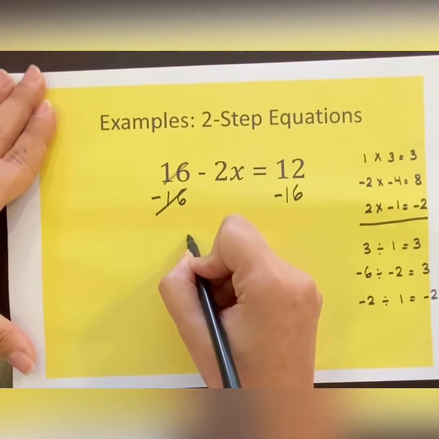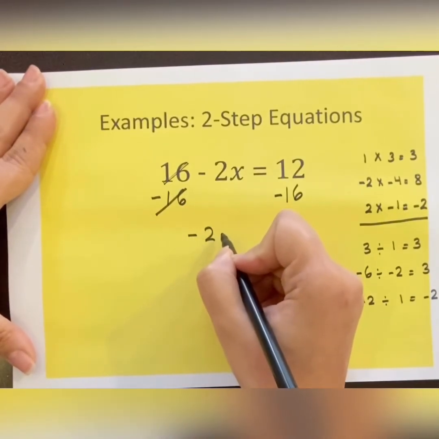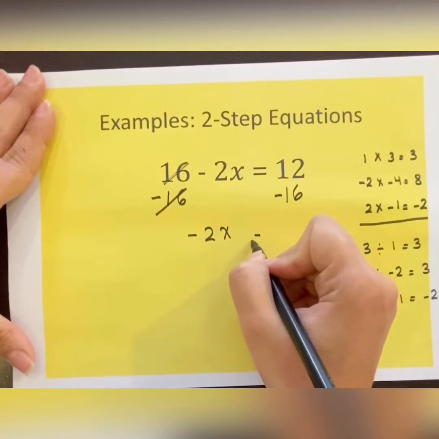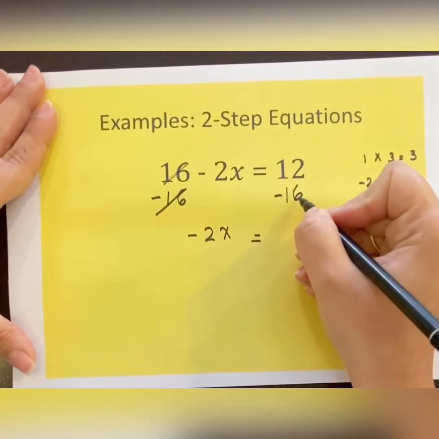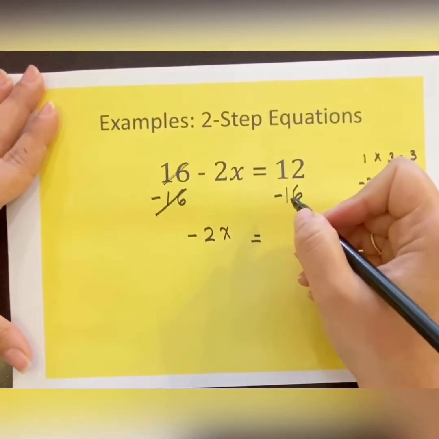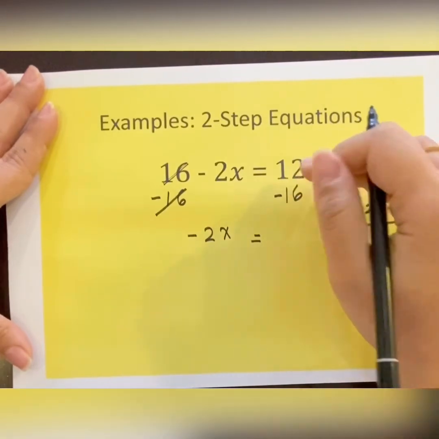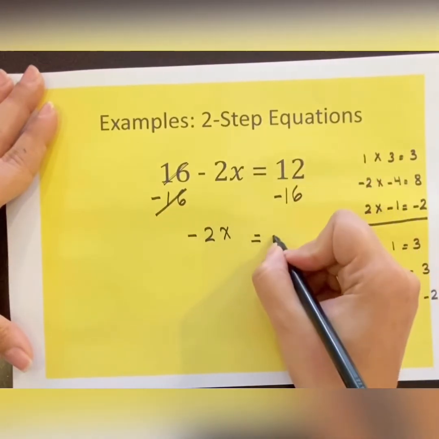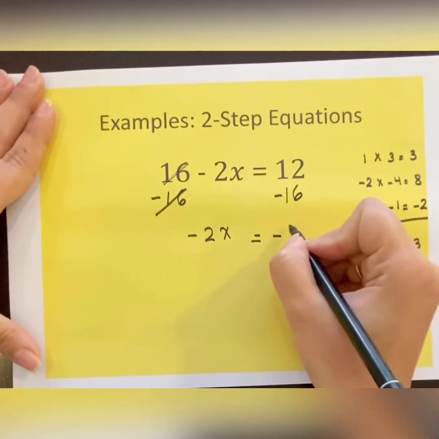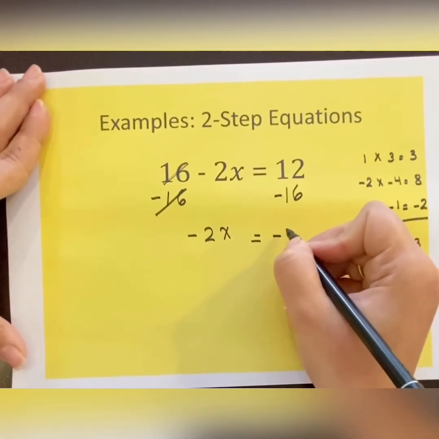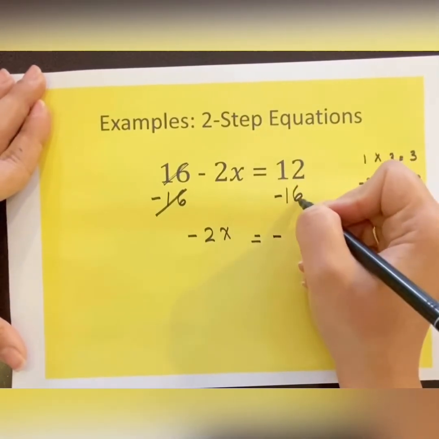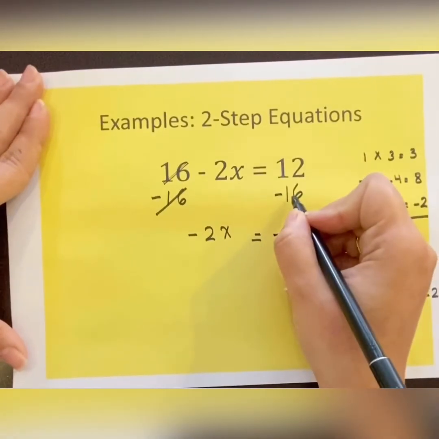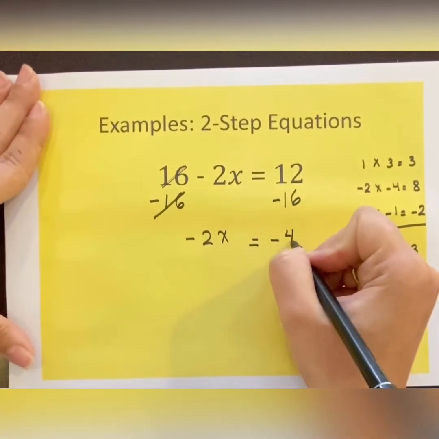We have minus 2x, or negative 2x, equals what? 12 minus 16. As you remember from the beginning of this year, whenever you're adding one positive and one negative, you have to subtract and take the sign of the greater number. 16 minus 12 is 4, and 16 is greater, so it's negative 4.